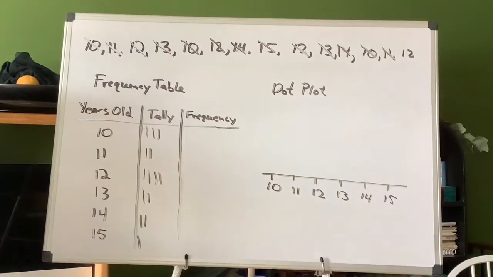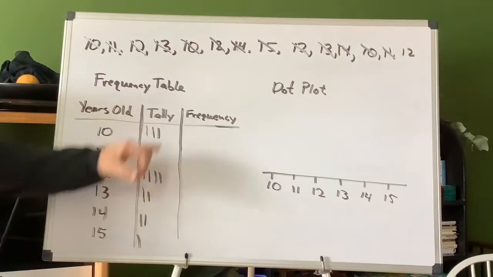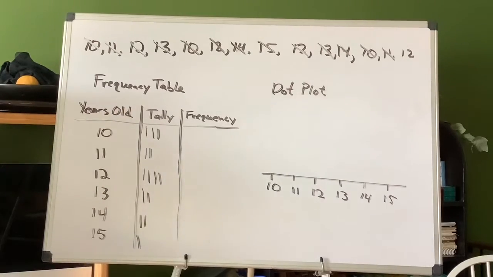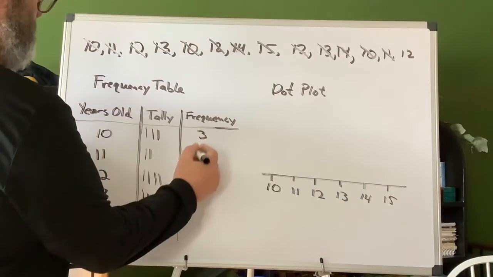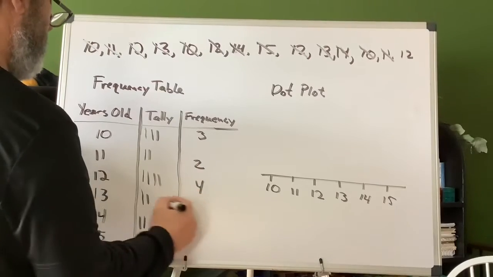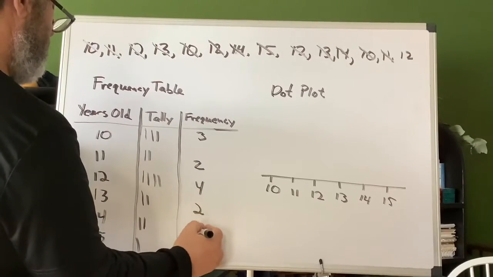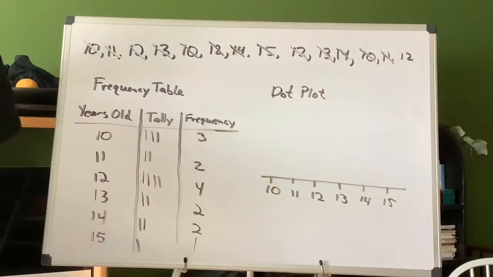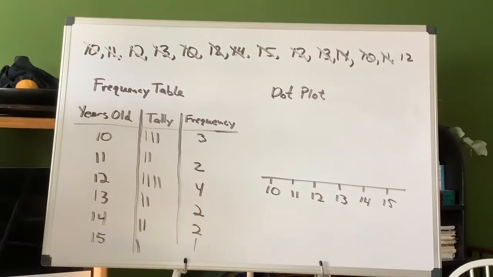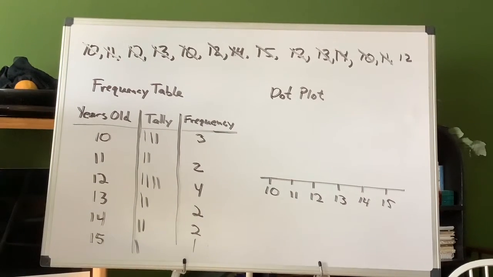Now I got my years old, I got my tallies, and I got my frequency. So here I go, I'm putting here 3, 2, 4, 2, 2, 1. Do you understand the difference between tally and frequency? That's going to help you on the next video.